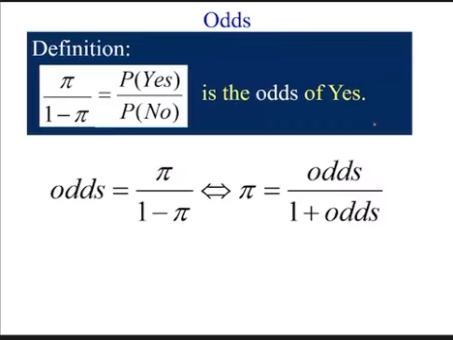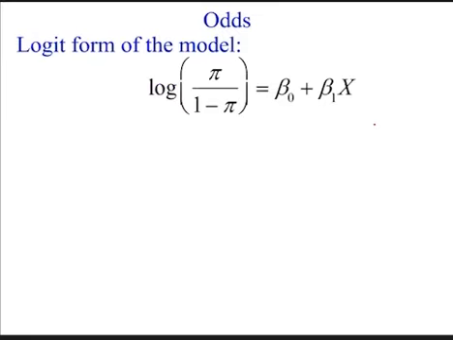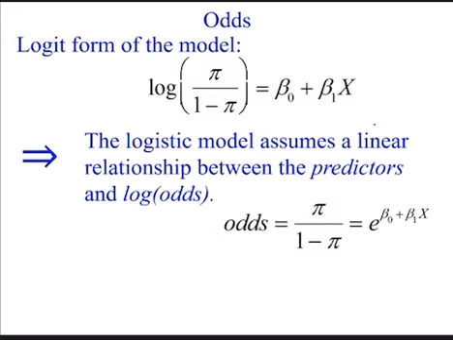If I have odds, I can perform algebra and solve for pi in terms of odds. That's what this is talking about. Like I said, this is a binary logistic regression in a logit form, and this is the odds.